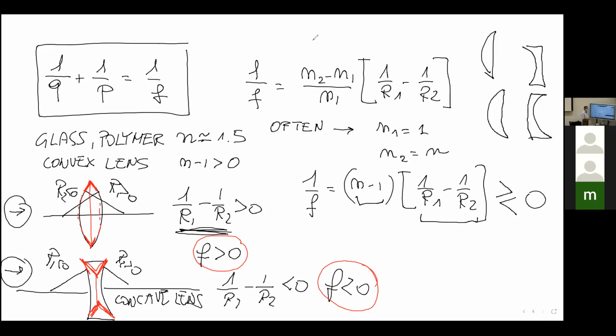Okay, now what happens if you have a lens with positive focal length?